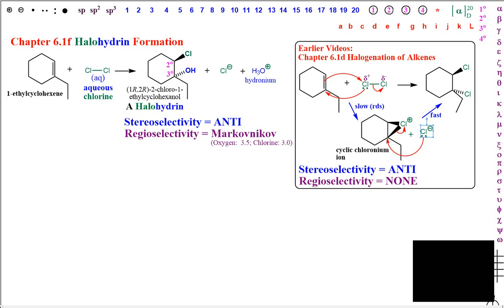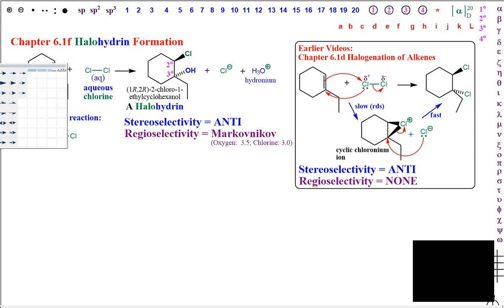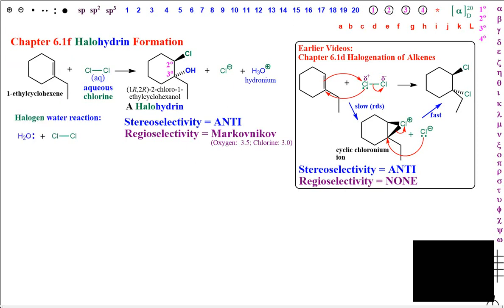So let's start our mechanism now. To start, one of the lone pairs on water will attack one of the chlorines if it has a temporary dipole, which it will. It's a backside attack and the other side leaves. And we generate this intermediate here.